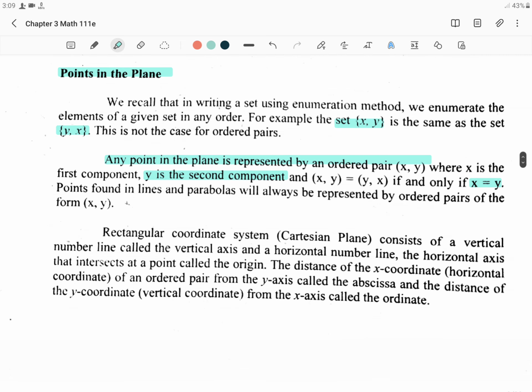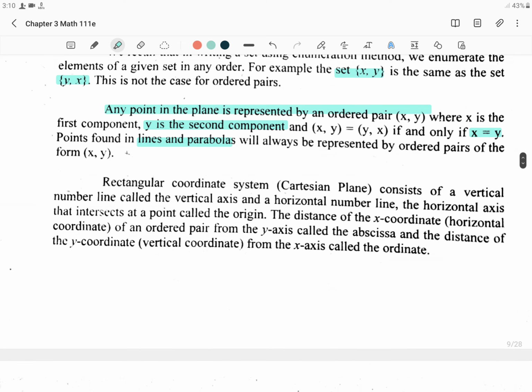Okay? Now, points found in lines and parabolas will always be represented by ordered pairs. Hindi pwedeng wala yung isa. Dapat silang magkasama palagi. Hindi sila naghihiwalay. Di ba?